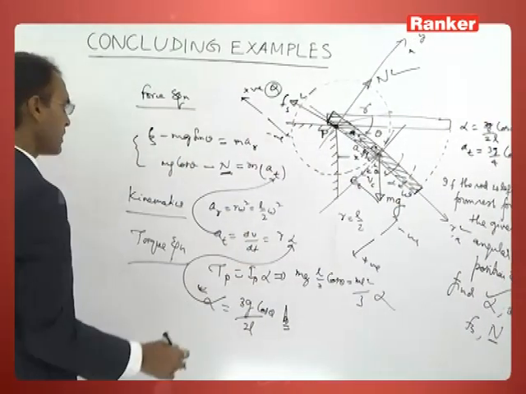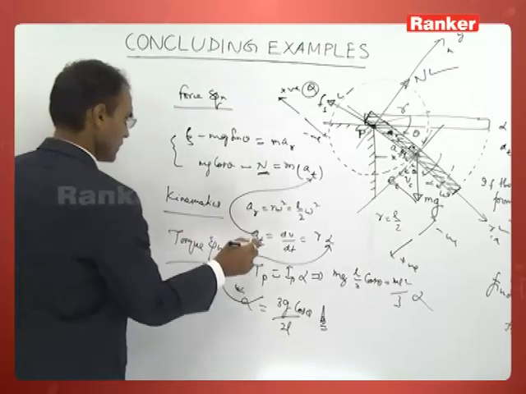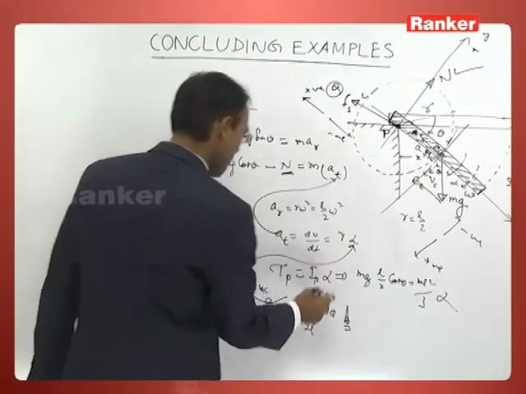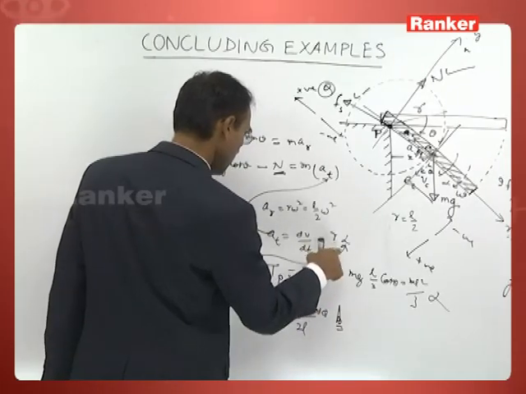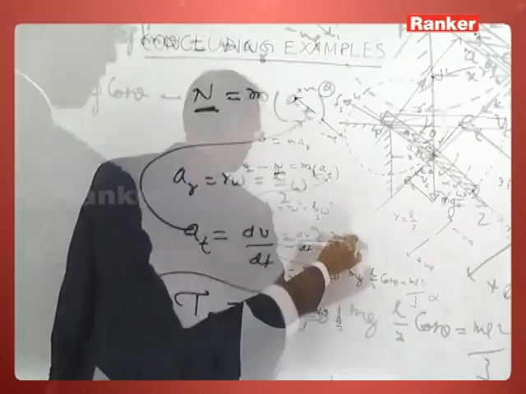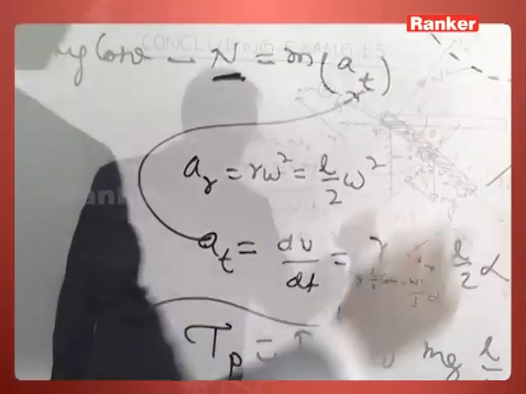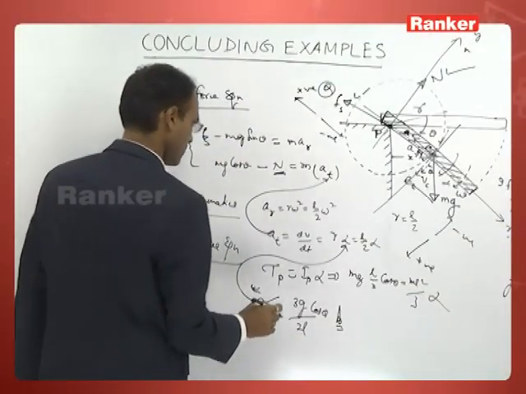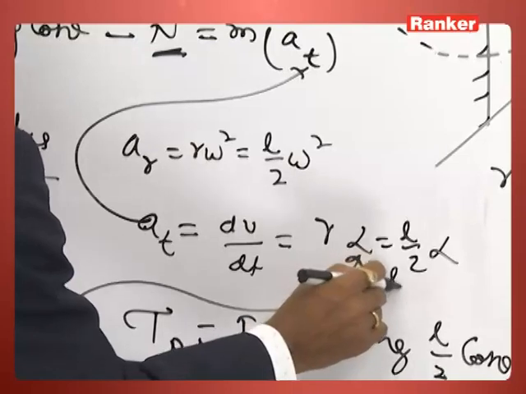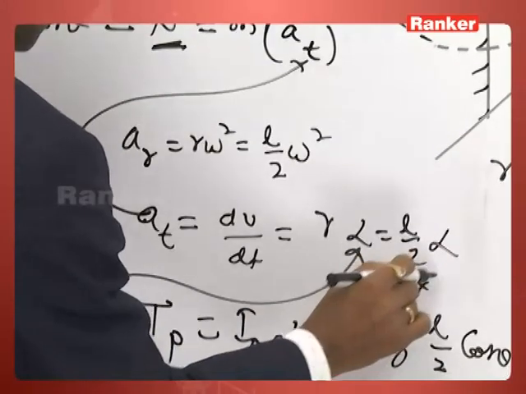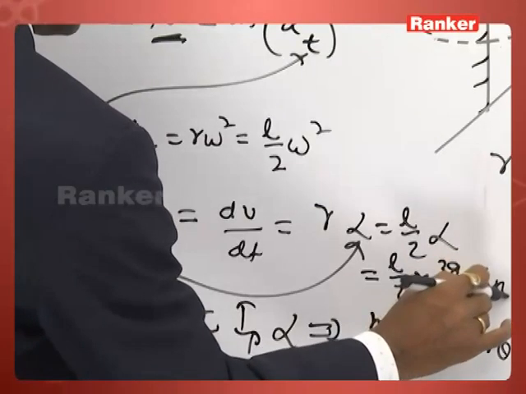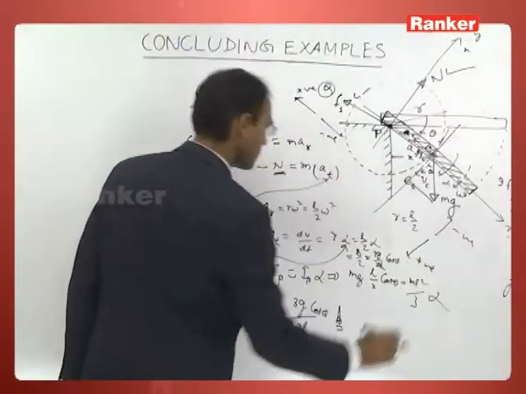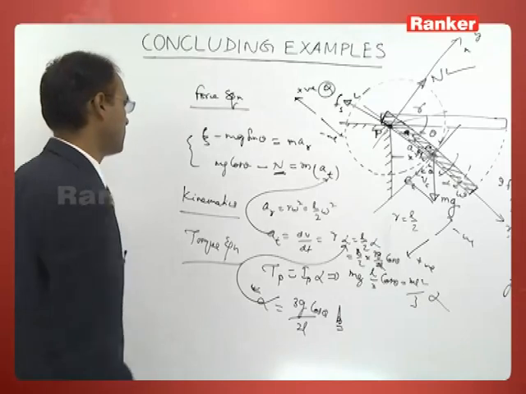Let us calculate the normal reaction now. When you substitute alpha, how much you are getting? 3g by 2L into cos theta into r, and r is equal to L by 2. So substitute now, L by 2, alpha will be equal to 3g by 2L into cos theta. You are getting 3g by 4 cos theta.